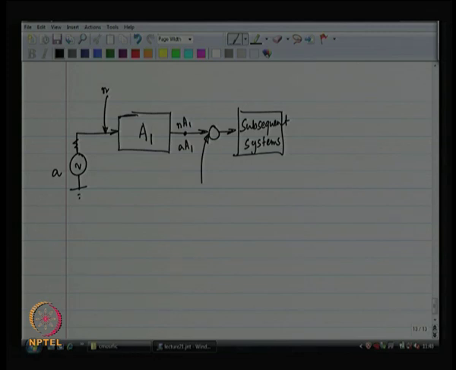Now, to this amplified noise you are adding some more noise, let us say N2, okay. You have already got amplified noise. If you add a little more noise to it, it is almost as if you are adding nothing, because the noise is already amplified. The signal is also amplified by the same factor, right. So, as a result, the overall signal to noise ratio is not going to degrade much.